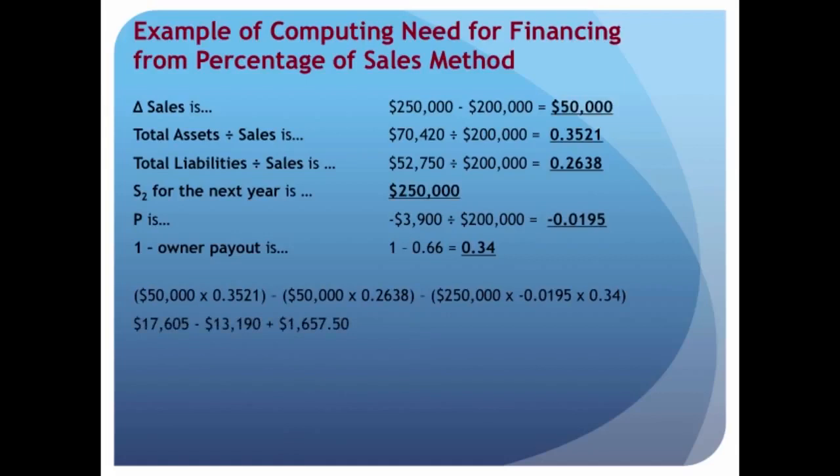This combines to 17,605 minus 13,190 plus 1,657.50. Based on the percentage of sales method and forecasted sales, the business requires an additional financing of $6,072.50.